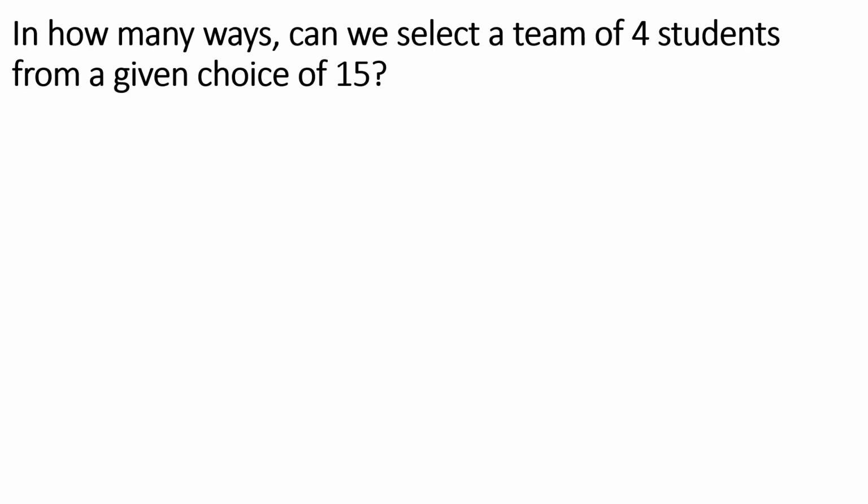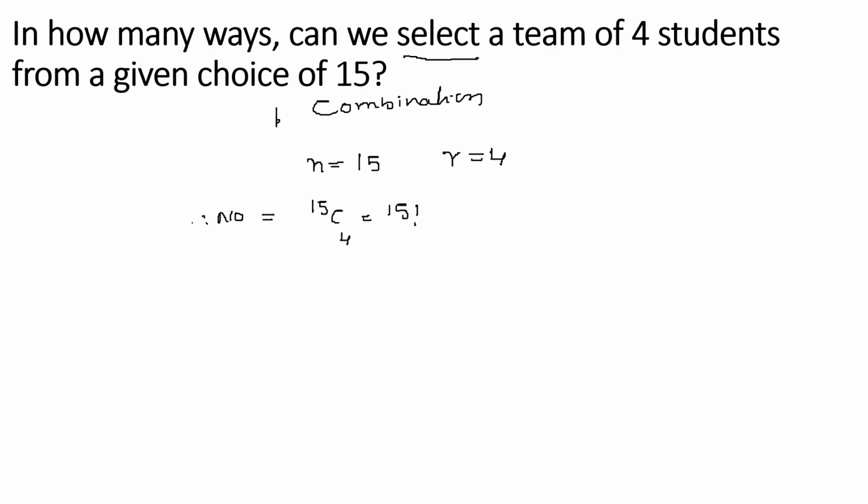In how many ways can we select a team of 4 students from a given choice of 15? So since we have the word select in this question, this is a problem of combination. So we have to find the combination, but there are a number of possibilities: 15 students, and you have to select only 4 students at a time. Therefore, total number of selections is equal to 15C4. That is 15 factorial divided by 4 factorial into (15 minus 4), that is 11 factorial.